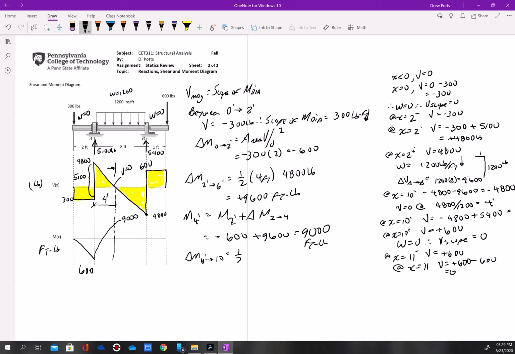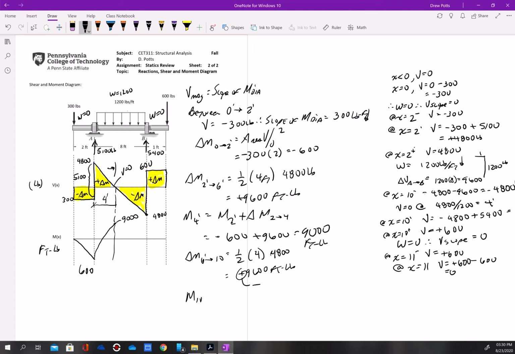Again, it's going to be 1/2 the base, 4 times the height, 4,800, which is 2 times 48, so 9,600 foot-pounds. Okay. I'm sorry, that's all negative, right? It's all negative change in moment. This is positive change in moment, positive change in moment, negative change in moment. So this should be negative.